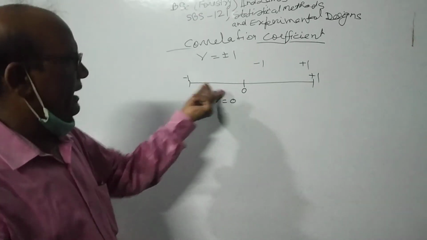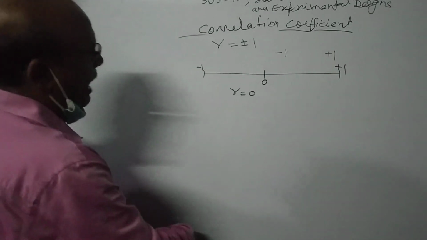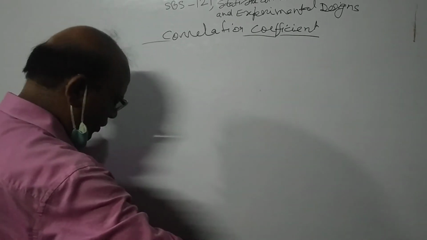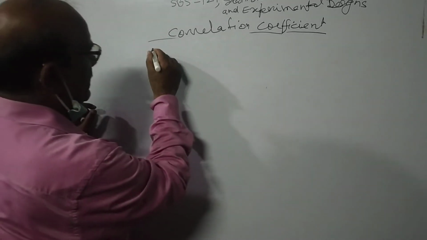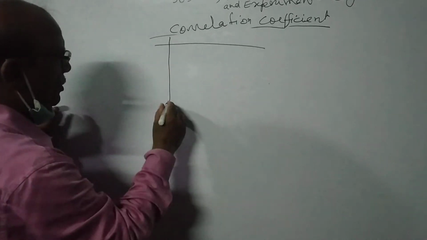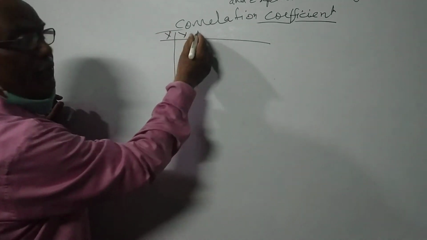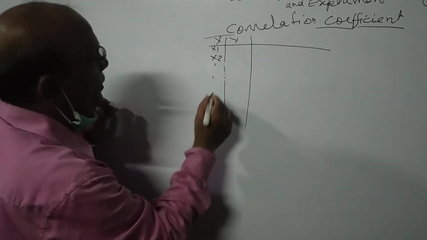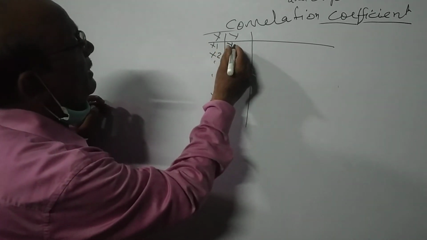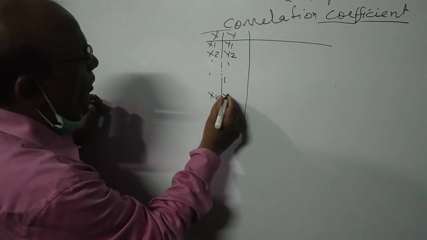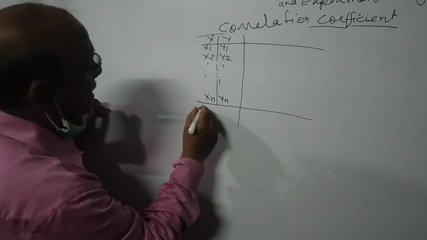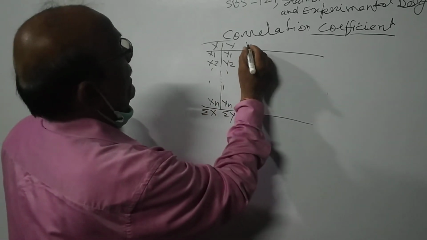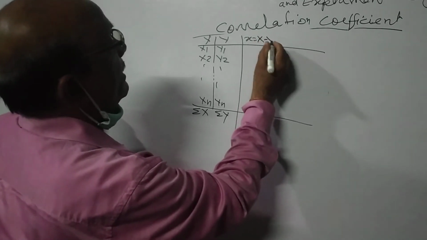Okay. Now how can we calculate the correlation coefficient? Take variable x and variable y, meaning x1, x2, xn and y1, y2, yn. We find summation x and summation y, and small x is equal to x minus x bar.